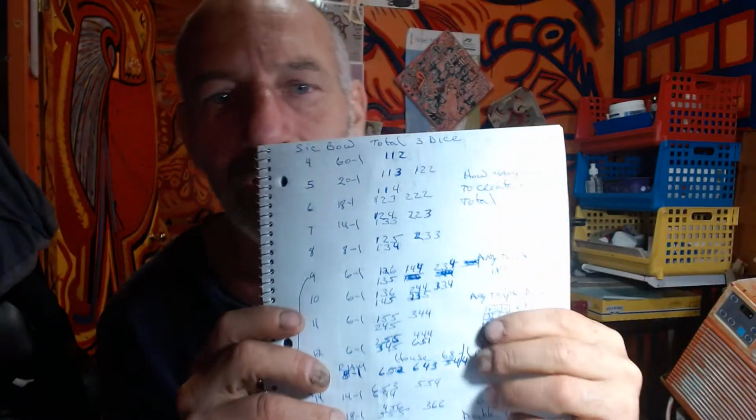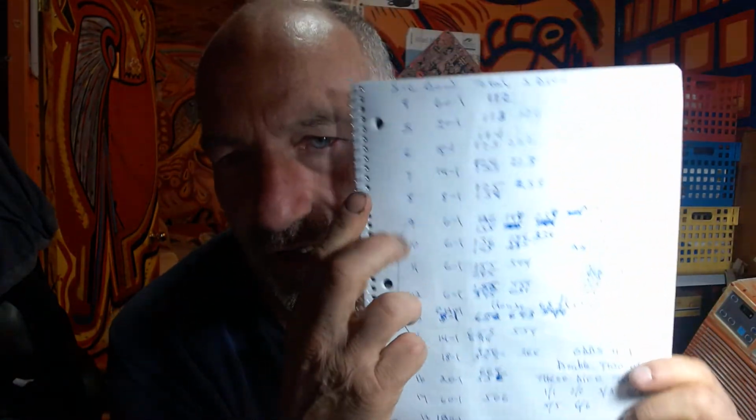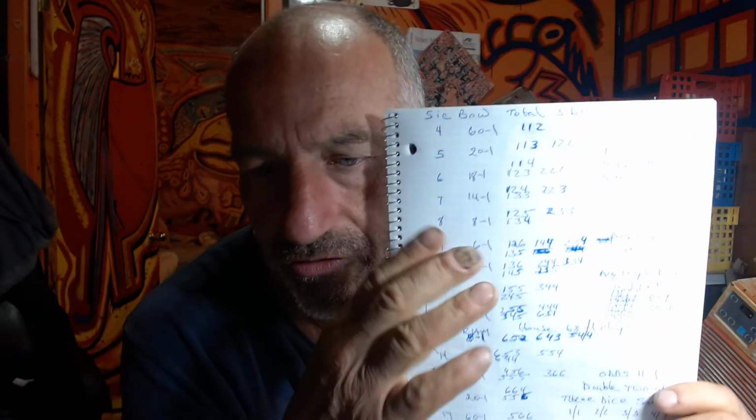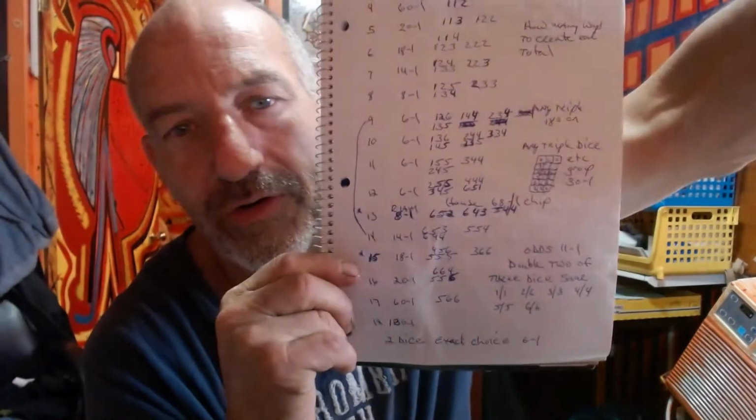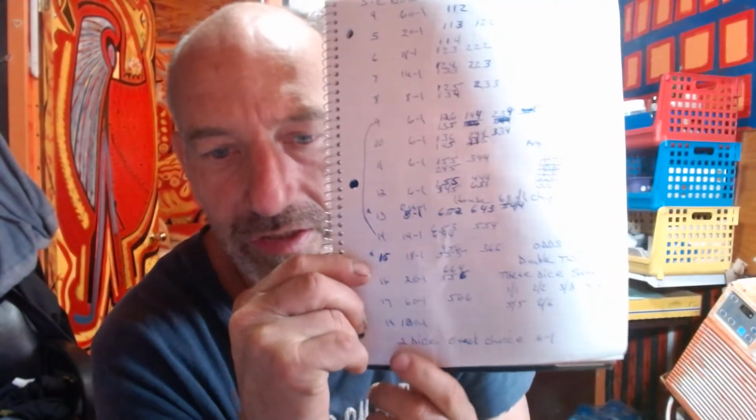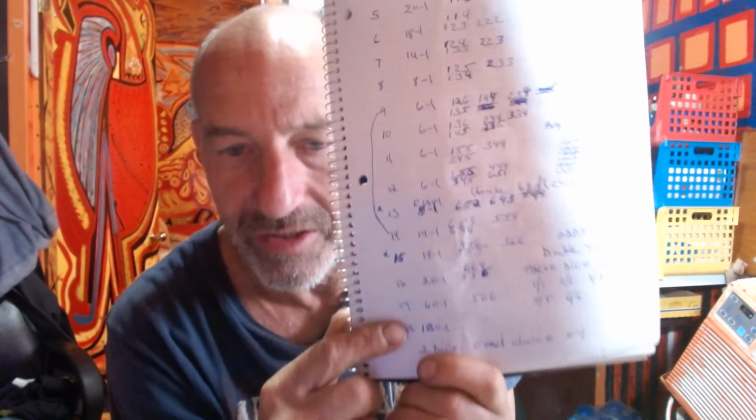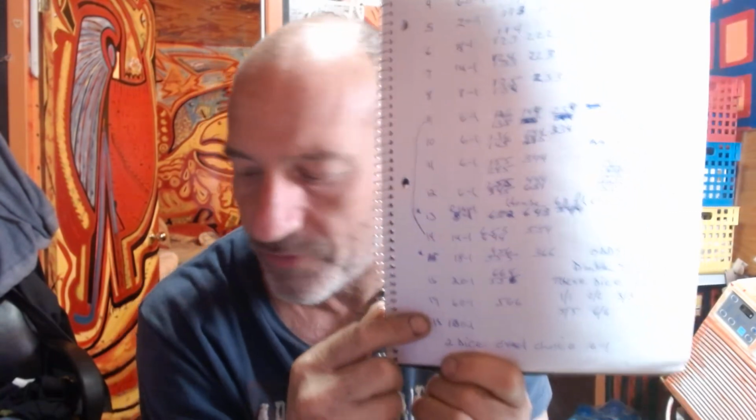Sic bo. And in Sic bo, the 4, and I should really do this again on another piece of paper, real neat, and it's not as neat as I'd like it to be, but this is the way it's going to be. We're not going to count 18, but 3 and 18 come together. Why do 3 and 18 come together?